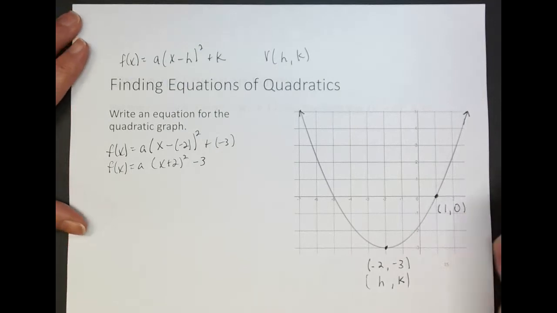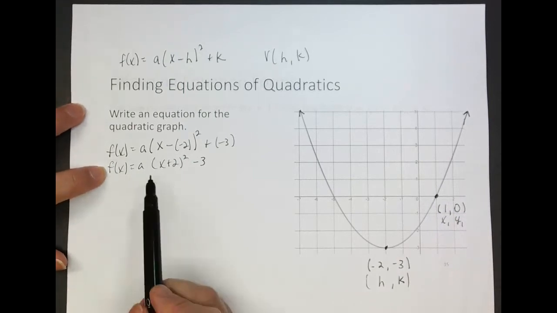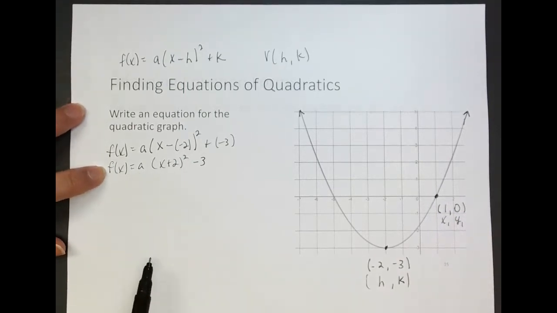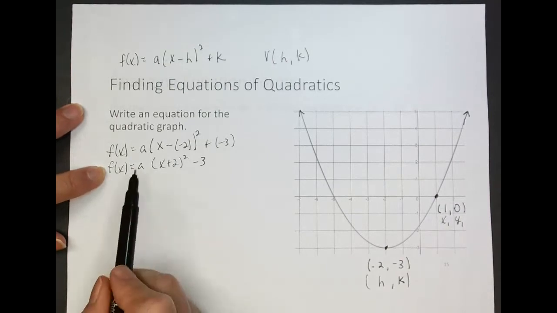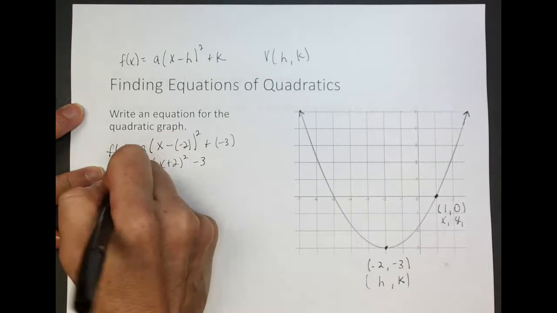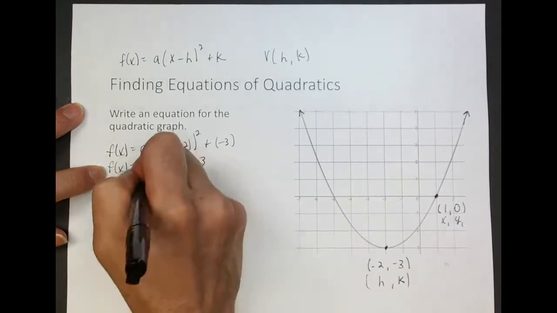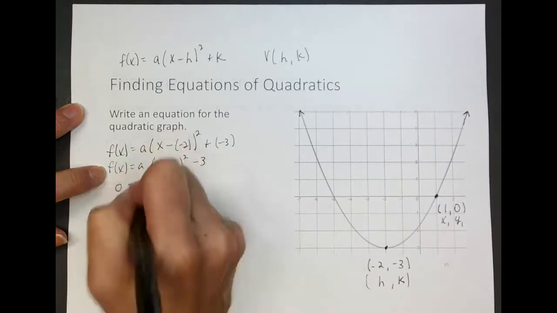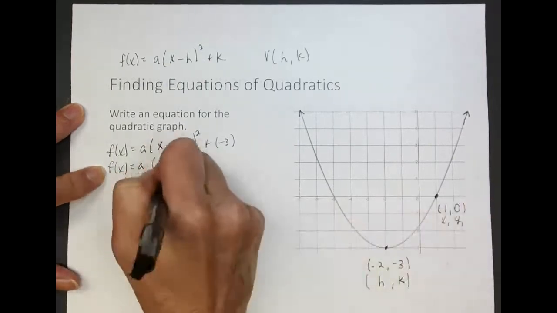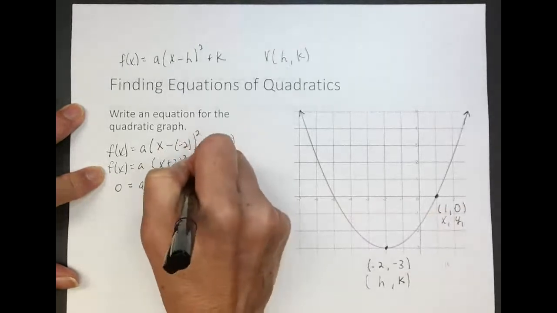So I should be able to plug that x coordinate and that y coordinate into the equation I have so far and then solve for a. All right, so f of x is function notation for the y. So I'm going to say 0 is equal to a times, and the x coordinate is 1, so I'll say 1 plus 2 squared minus 3.